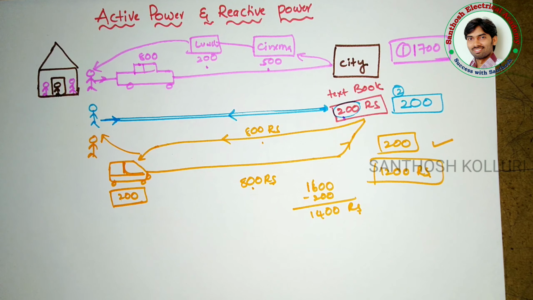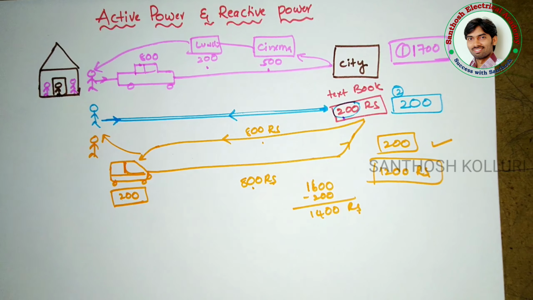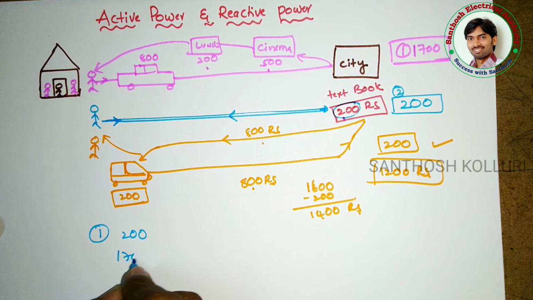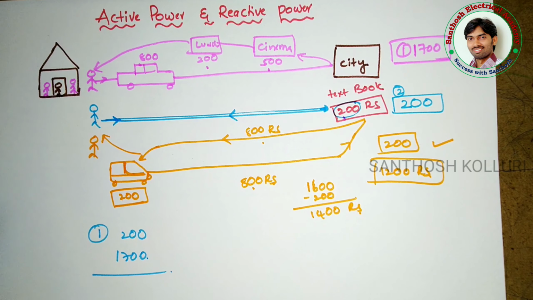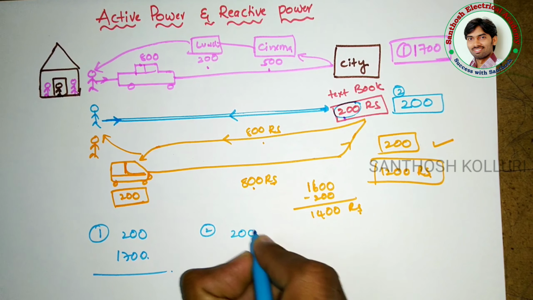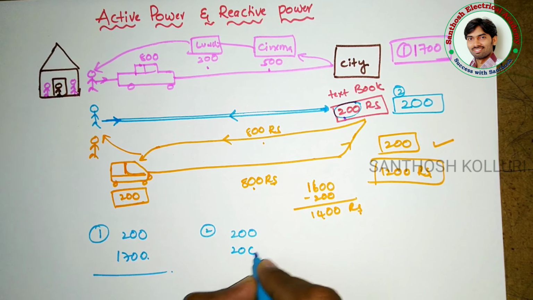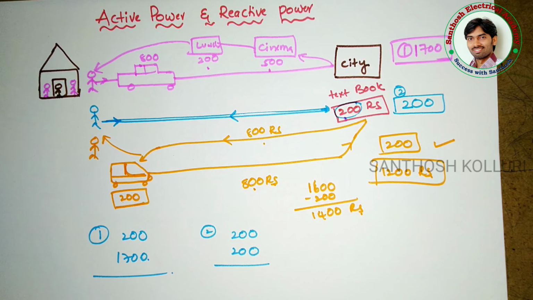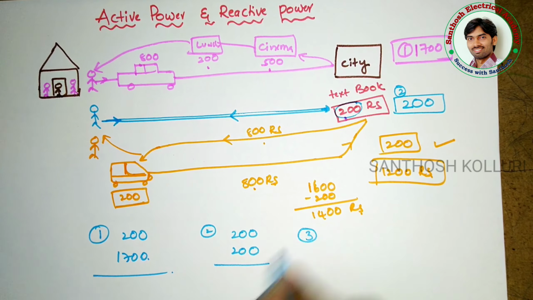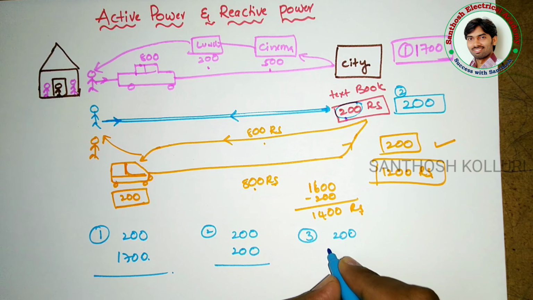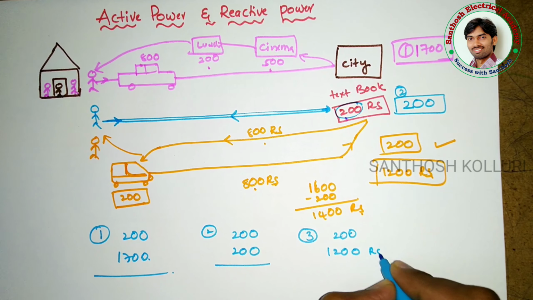In example number 1, to get the 200 rupees textbook, he spent 1700 rupees. In the second example, he neither consumed money nor earned money, he just spent the 200 rupees required. In the third case, in reverse, he earned around 1200 rupees as profit.